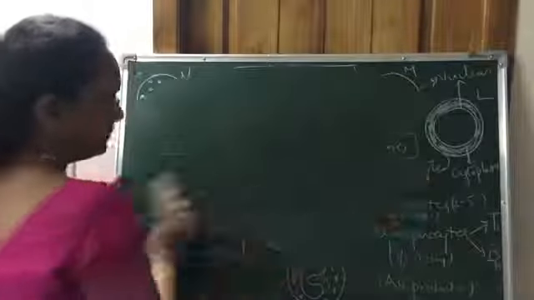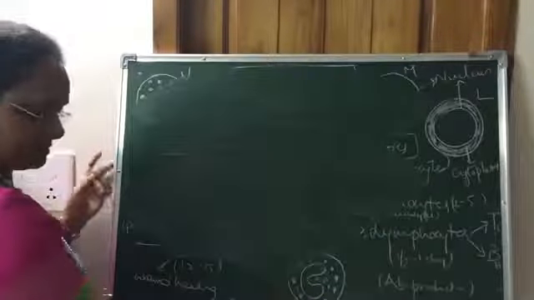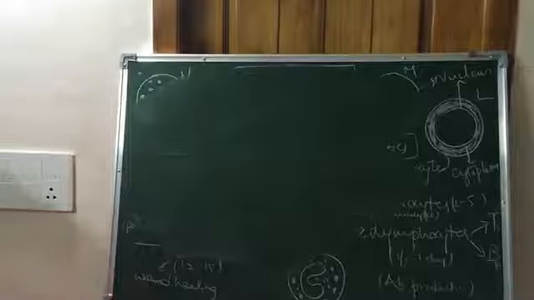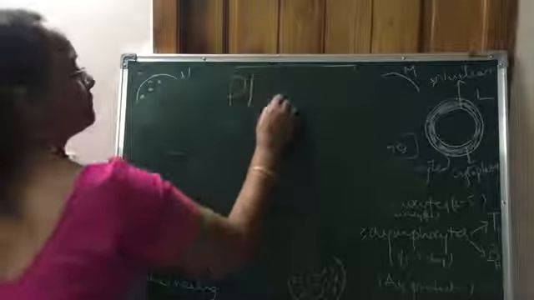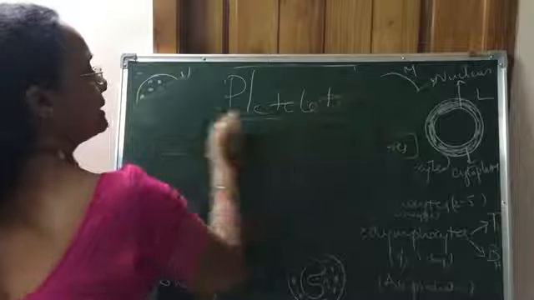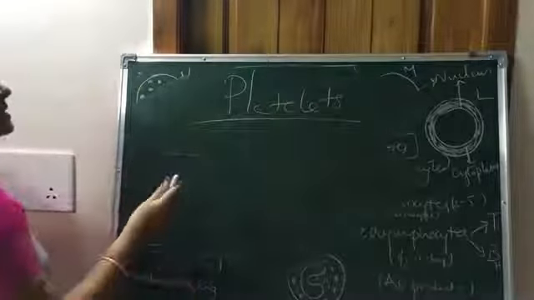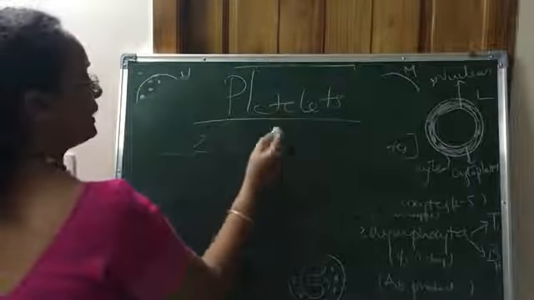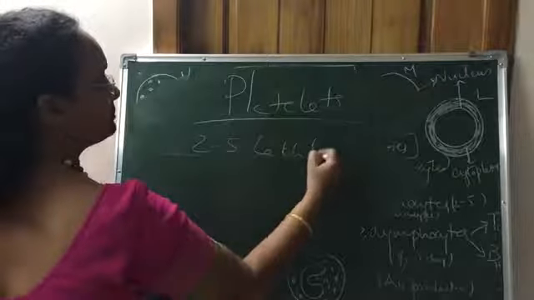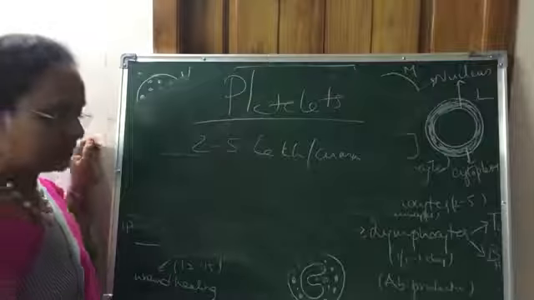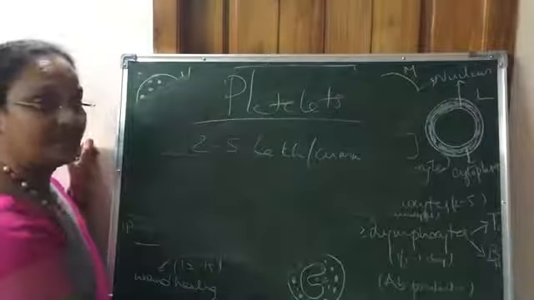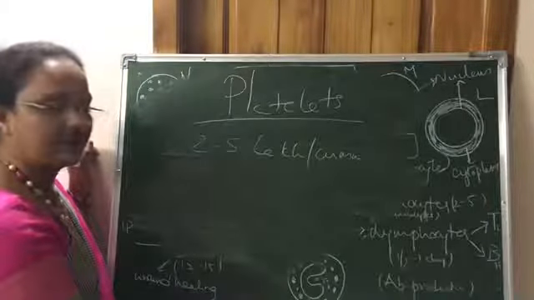And finally, platelets, the last component. These are almost 2 to 5 lakhs per cubic mm. We are hearing during infections that the platelet count has dropped.